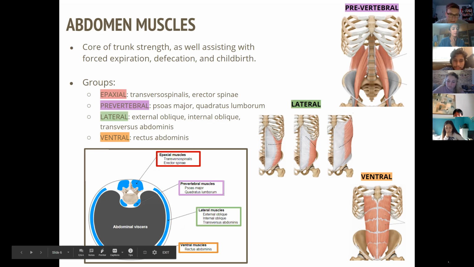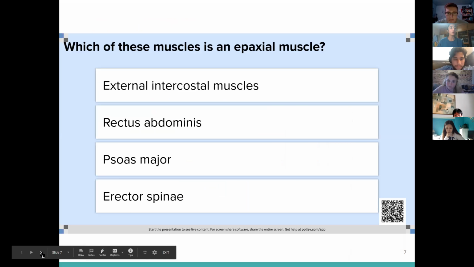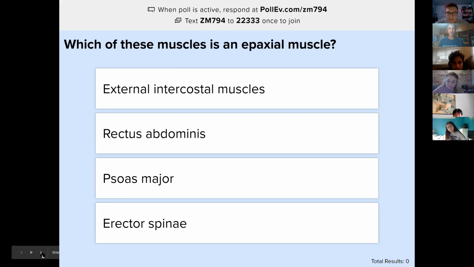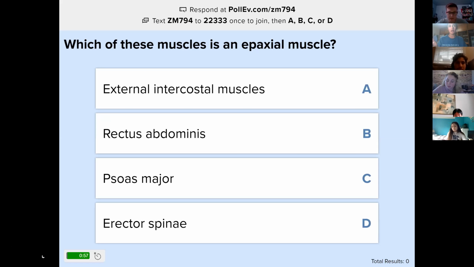I think we're ready to start some poll everywhere, if I'm not mistaken. All right, so poll everywhere. This time I set one minute, so hopefully that'll be enough time for you all to pull it up. I'll stop the poll if I don't see enough people, but go ahead and start answering this question.